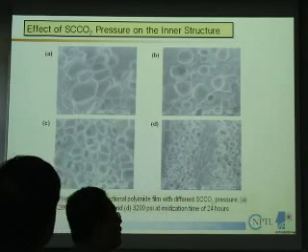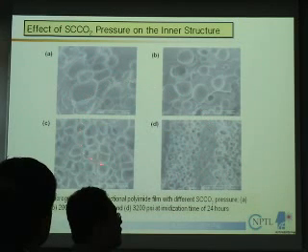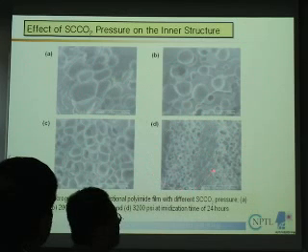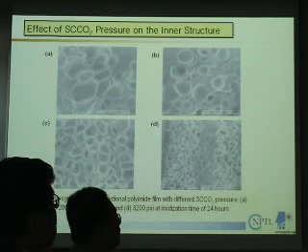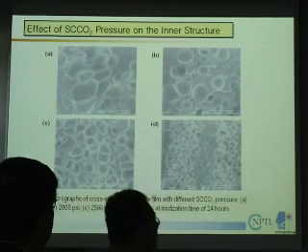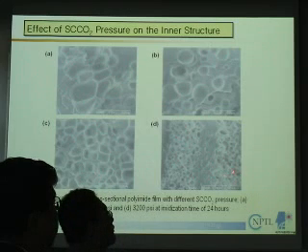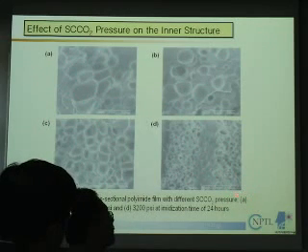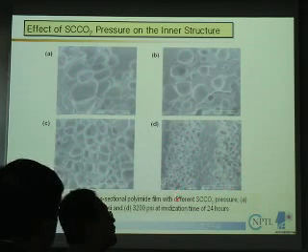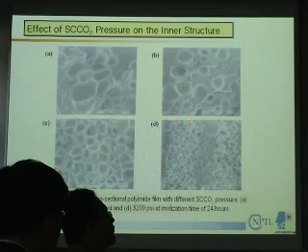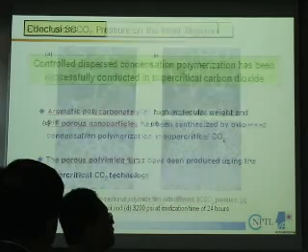Let me tell you that we have not successfully created a nano-sized pore at this moment. The smallest size here is around 900 nanometers. So we are working on generating nano-sized foam, but so far we have achieved about micron size foams in this polyimide.